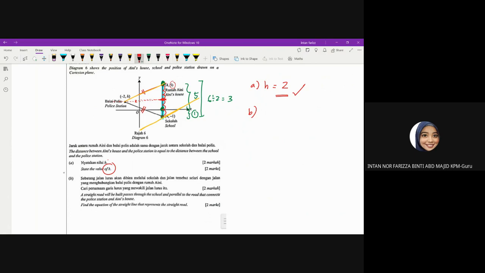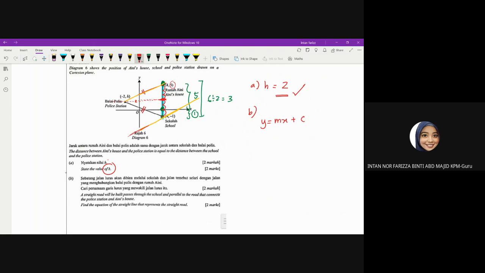Same as before, girls. Maybe you can stop the video and try, and check your answers after you have done it. So I assume you have checked. Y equals mx plus c. Is there any c, the y-intercept, for this line?